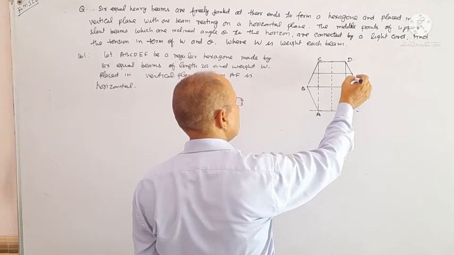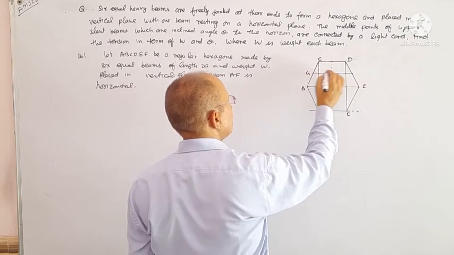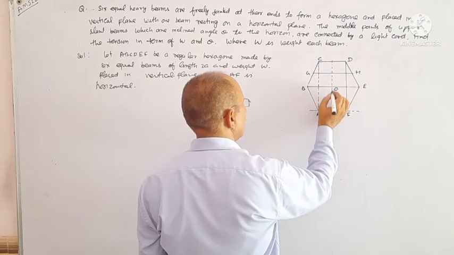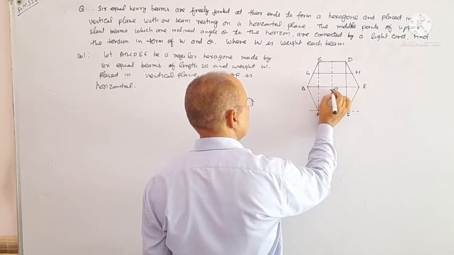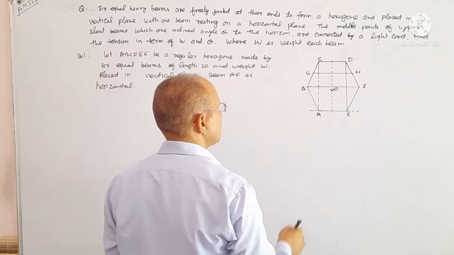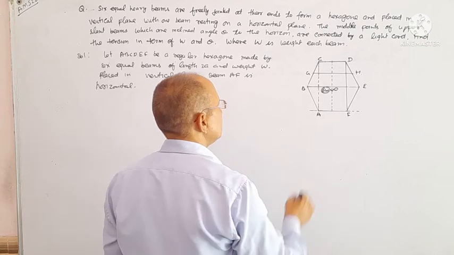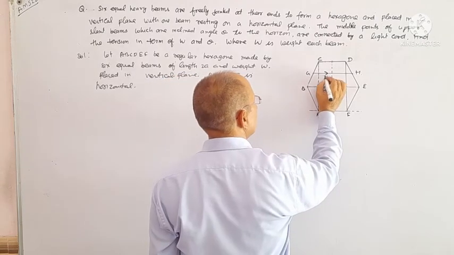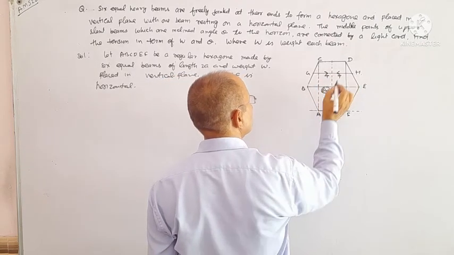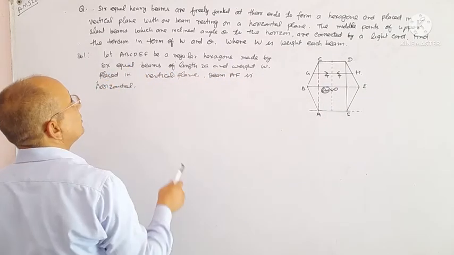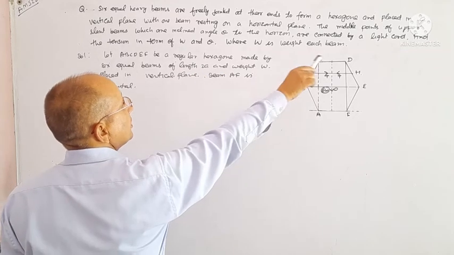A, B, C, D, E, F, G, H, that is O. Total weight of the 6 rods, 6W, acting at point O, and T is the tension in this cord, in terms of the middle points of the slant beams which are inclined at angle theta to the horizon.